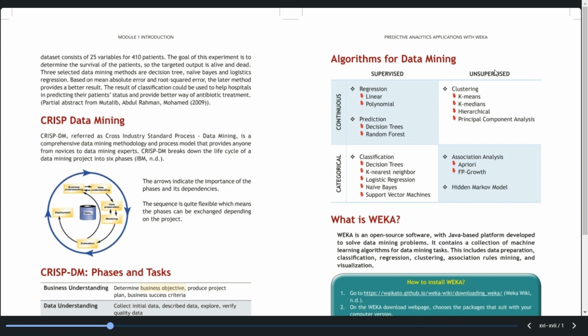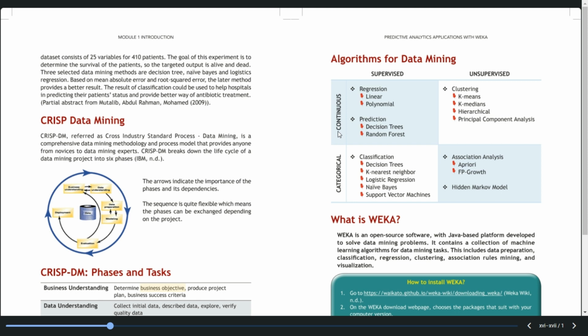Okay, so tab ni dia cerita pasal apa? Kalau awak tengok kat sini, ada column dia cerita pasal continuous and categorical. Okay, and yang ini adalah supervised and also unsupervised. Continuous and categorical ini adalah jenis data yang boleh digunakan. Madam, apa beza antara continuous dan categorical?